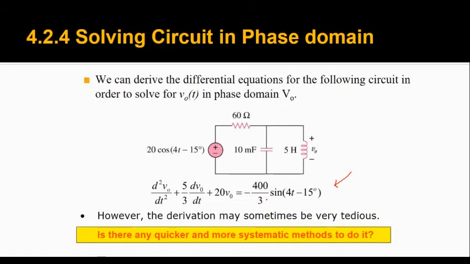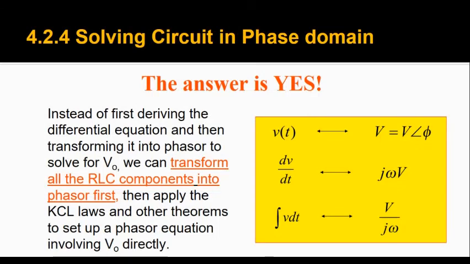By solving the circuit in the phasor domain, it could be much easier, because once you transform this circuit into the phasor domain, you can always solve it in an easier way. What I am talking about is that you transform all the components into the phasor domain.